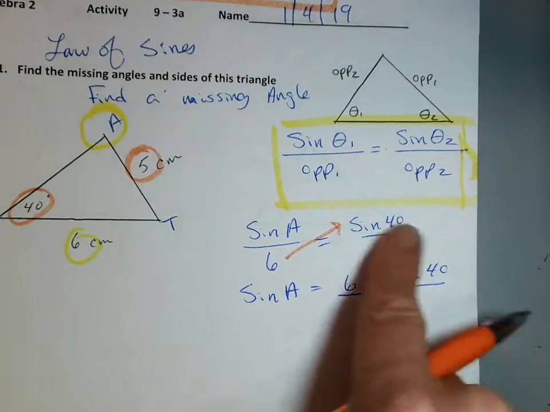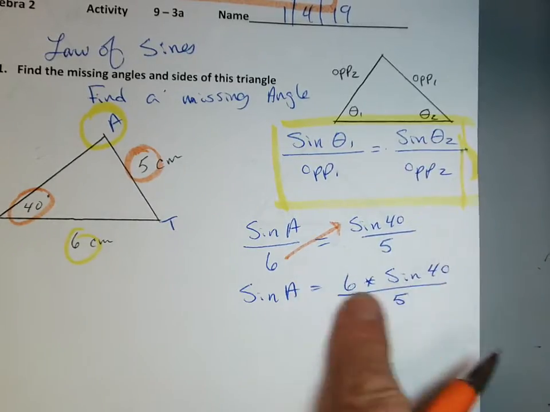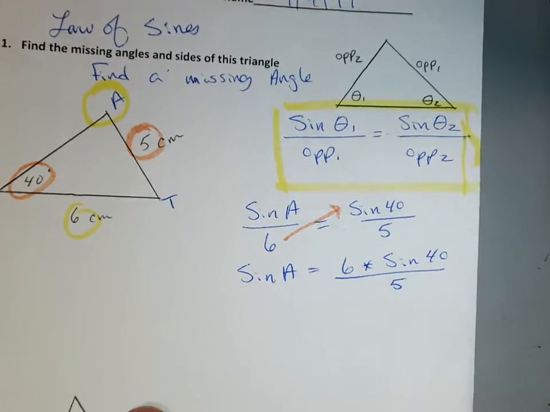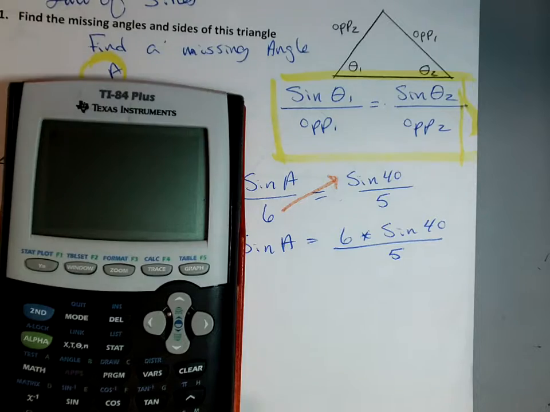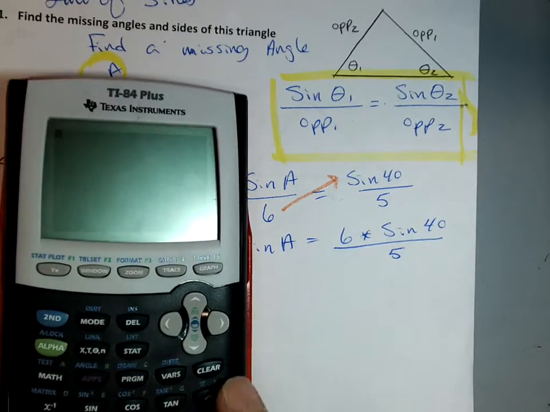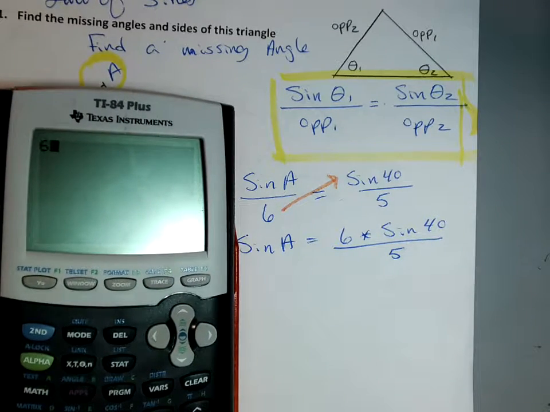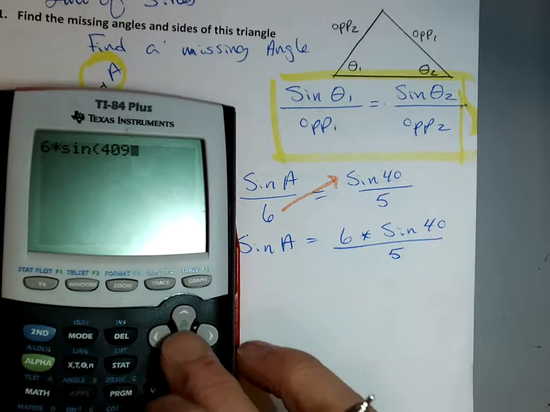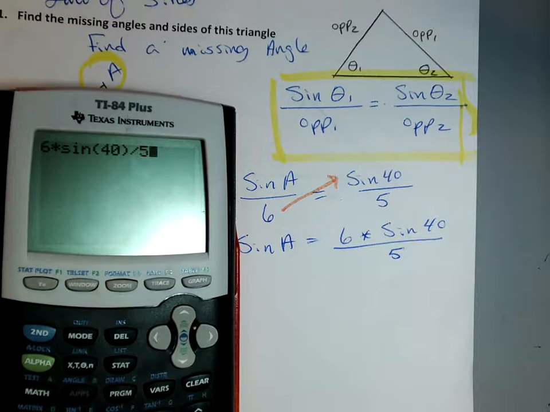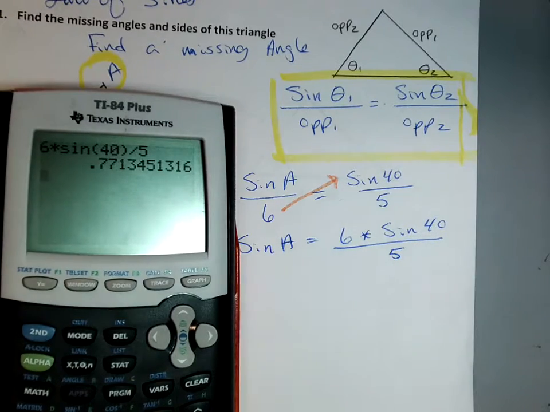Now this is a number in my calculator, okay? Now I want to find out what that number is, so I'm going to use my calculator. I'm going to go 6 times the sine of 40 divided by 5, and I get a decimal. Well, that can't be angle A. That's the sine of A. Does that make sense?